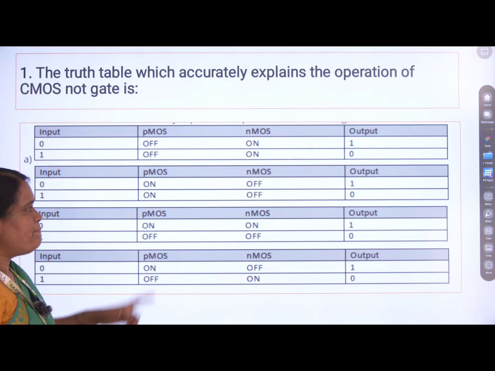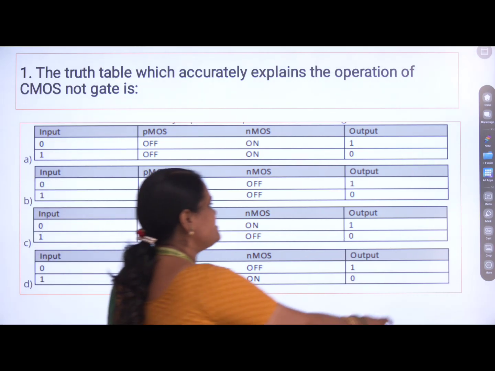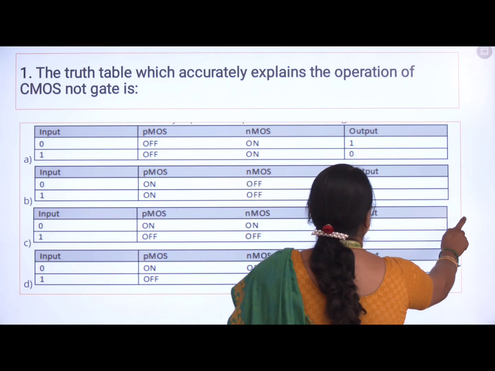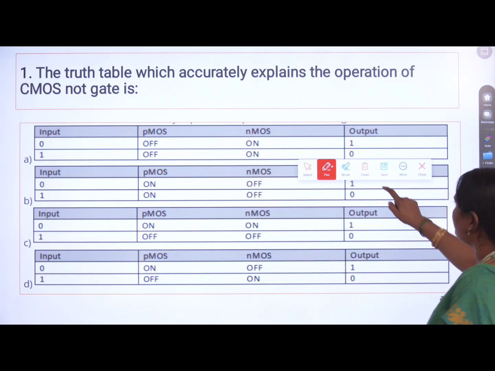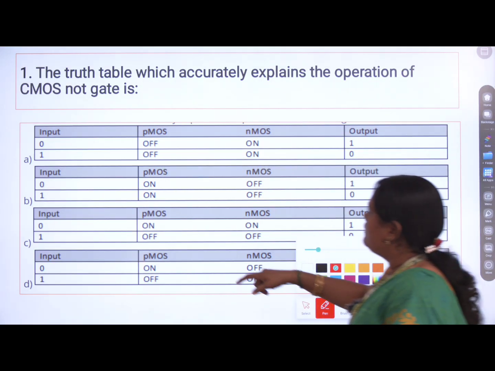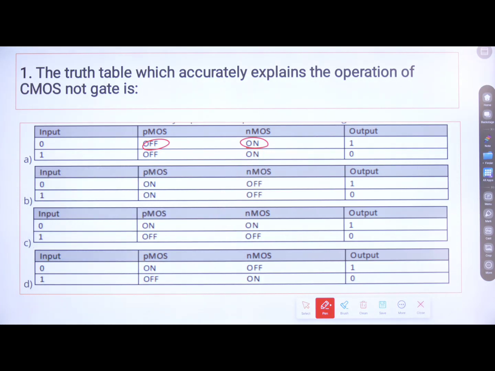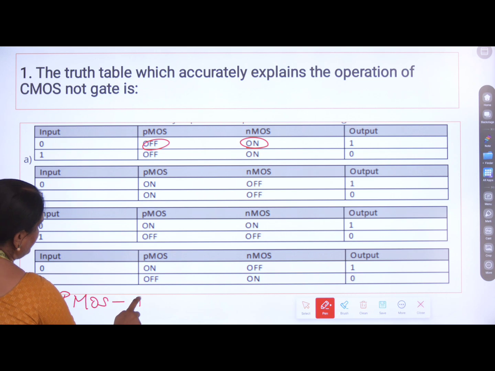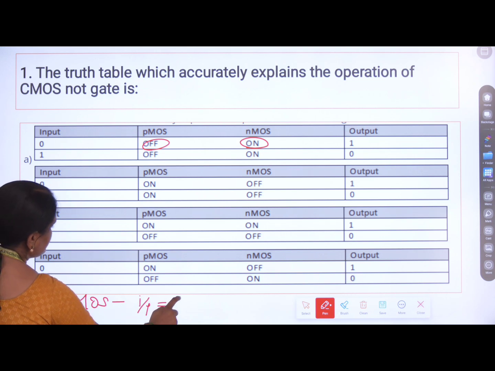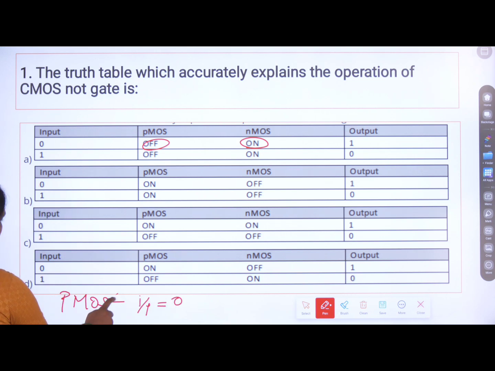For 0 input, PMOS is off. For the first case, for 0 input, PMOS is off and NMOS is on. Usually, PMOS will turn on when input is 0.